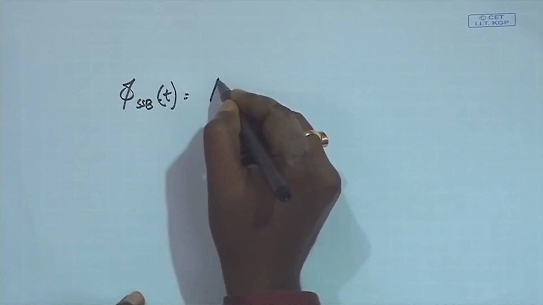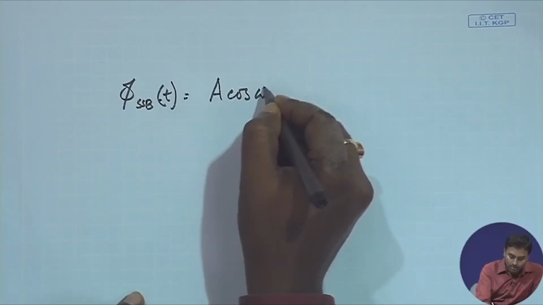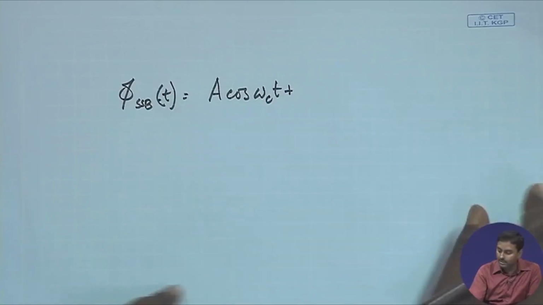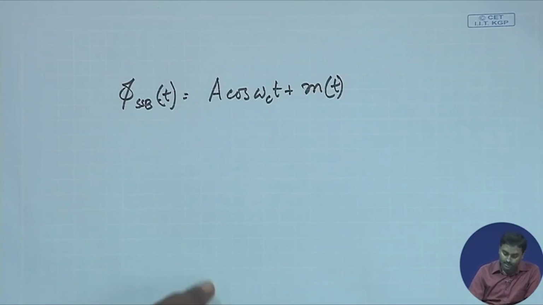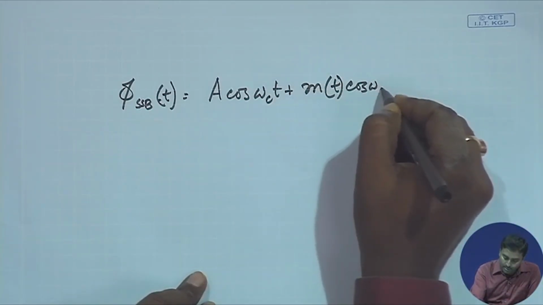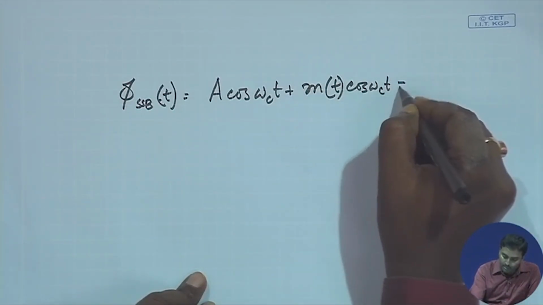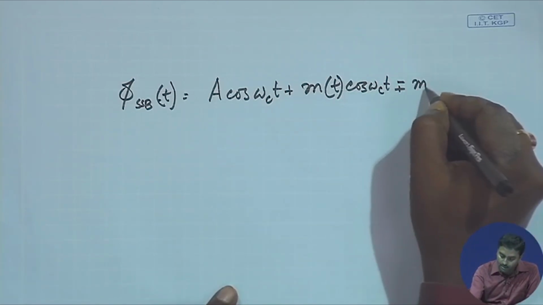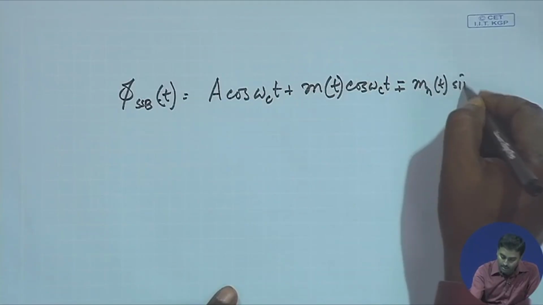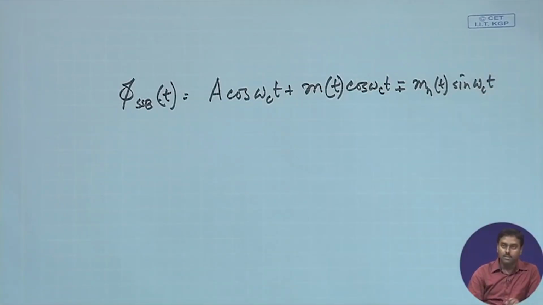We will be adding a carrier to it, A cos omega_c t, to the original SSB signal. If my message signal or modulating signal is m(t), then it is m(t) cos omega_c t minus or plus, depending on whether I am taking upper sideband or lower sideband, m_h(t) sin omega_c t. This is the representation of SSB. I am just adding carrier to it.